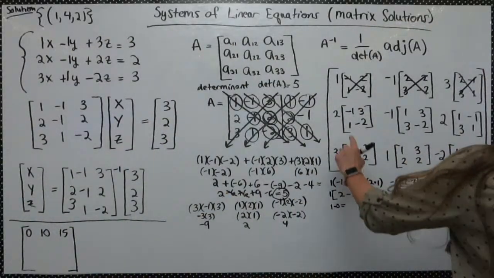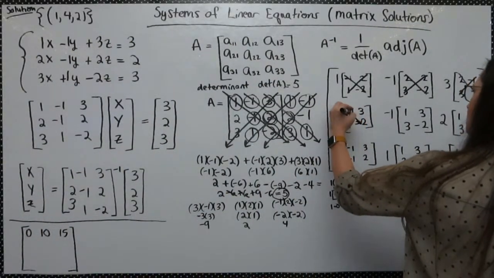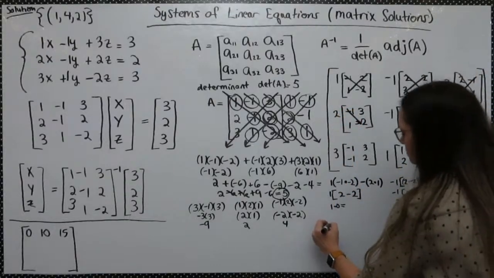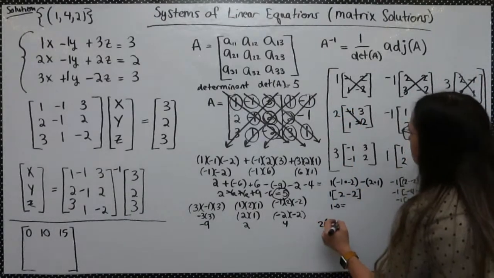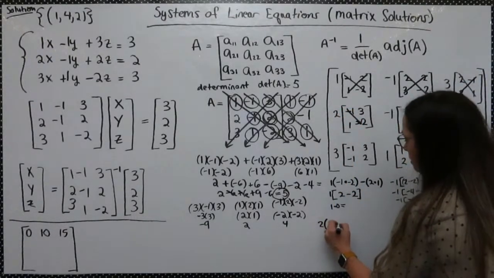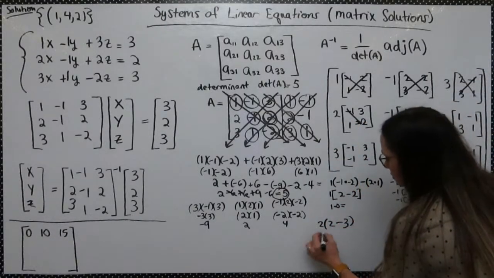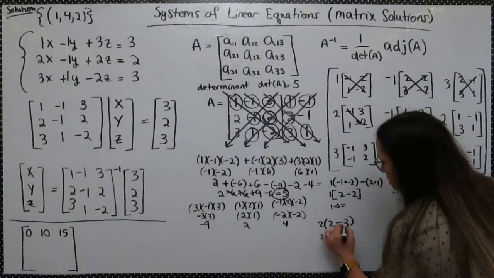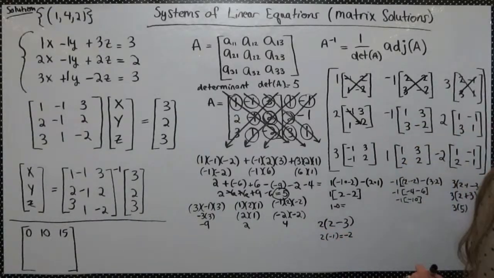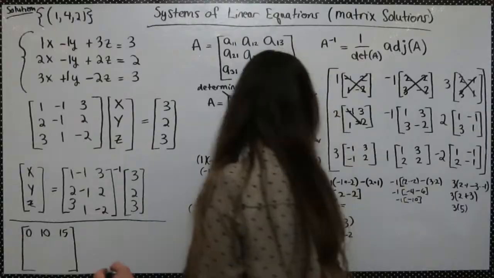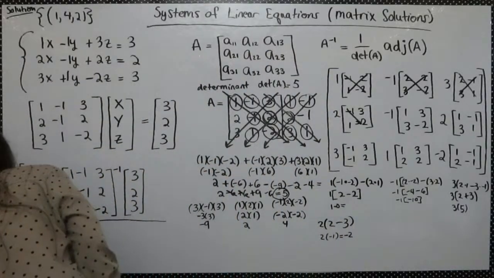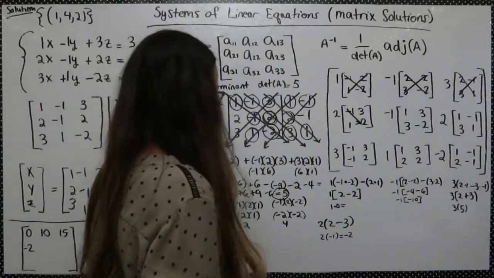And then this one here, we've got -1 times -2 is 2 minus 3 times 1, which is 3. Get a little bit faster with this. 2 times, let's see, -1 is -2. All right.